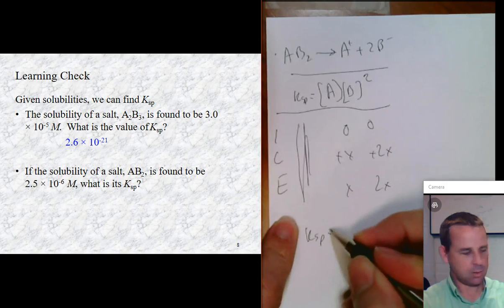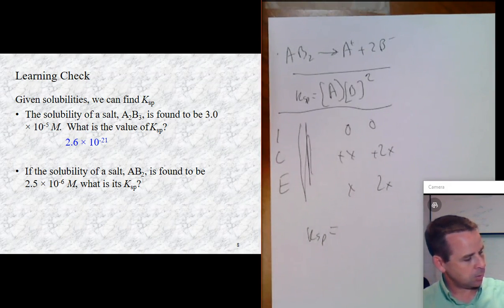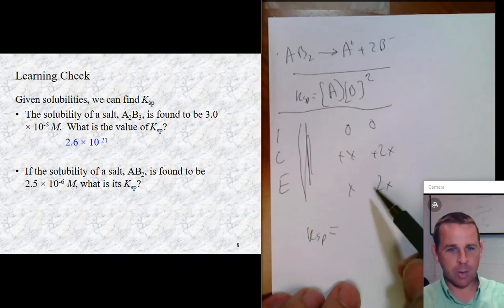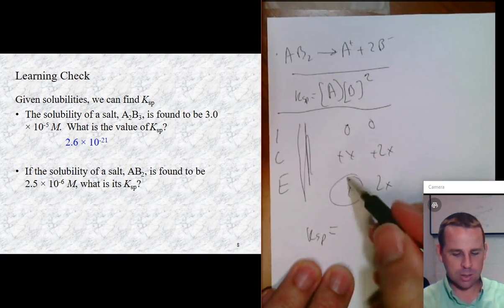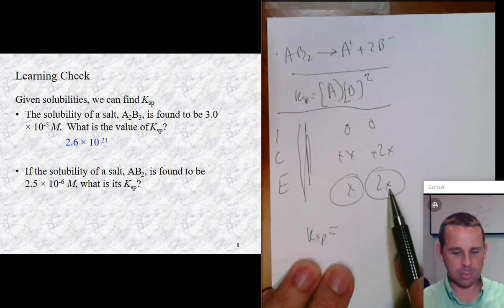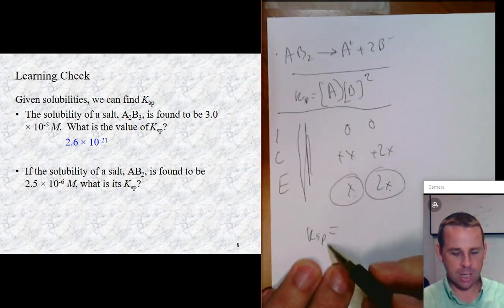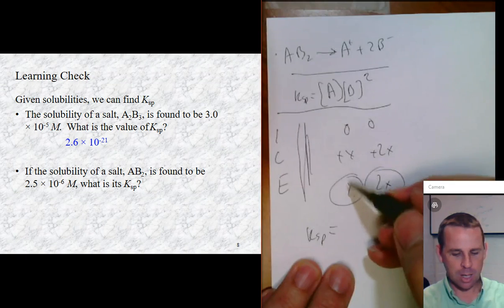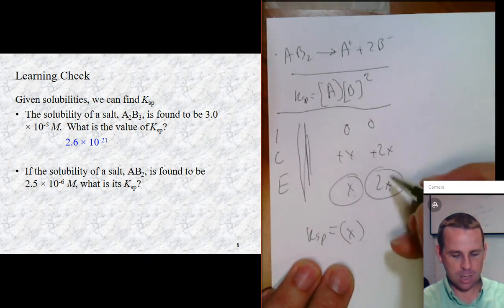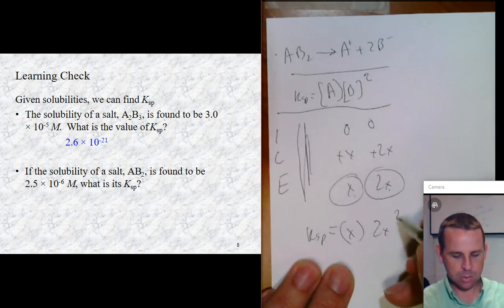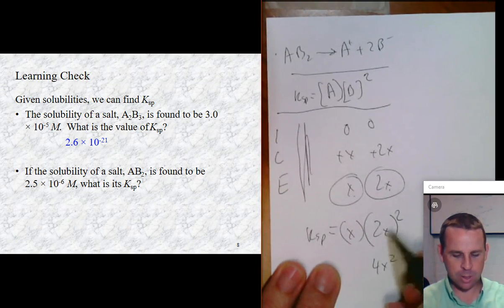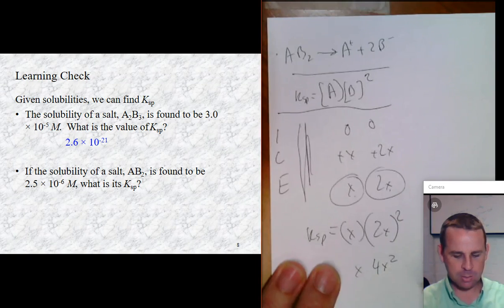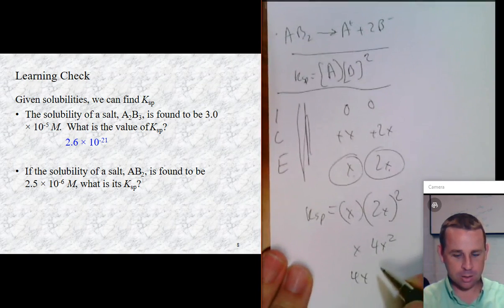All right, so then, again, we recognize that the KSP is A times B squared here, and these are the equilibrium concentrations of A and B. So KSP is going to be x times 2x squared. Now, 2x times 2x is 4x squared, times x is 4x cubed.